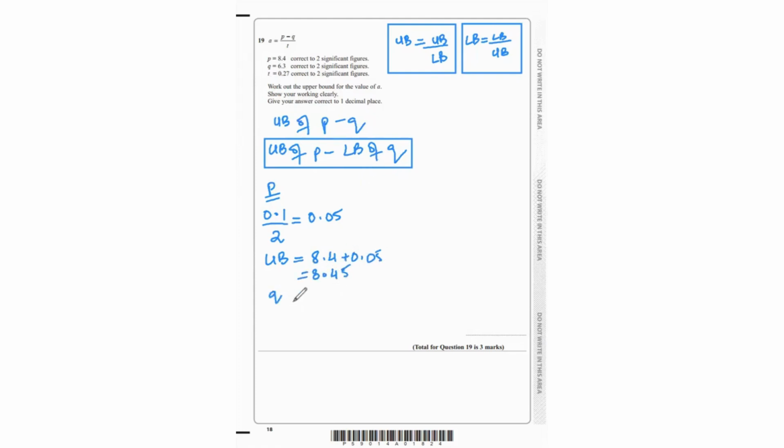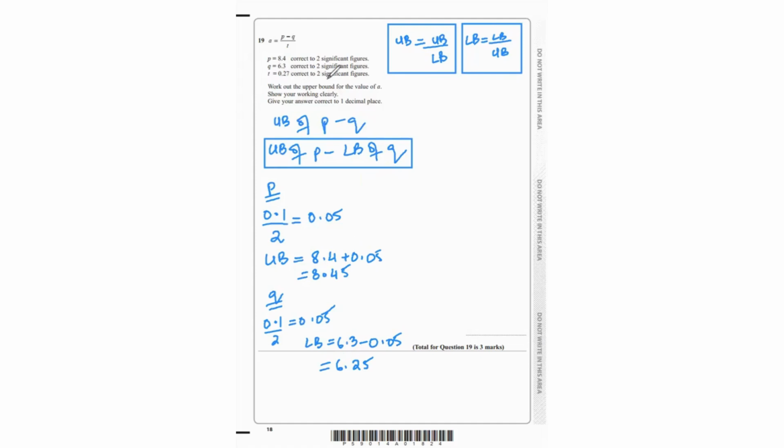Now for q, we need to find the lower bound. So again, q is 6.3, correct to two significant figures. Place value of the second significant figure is 0.1. So 0.1 divided by 2, 0.05. Lower bound is going to be 6.3 minus 0.05, which is 6.25.